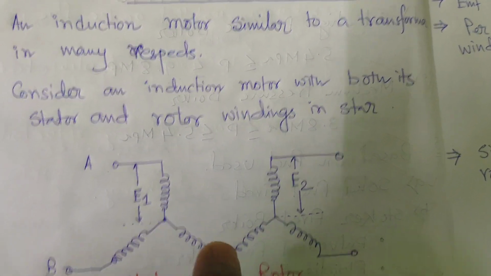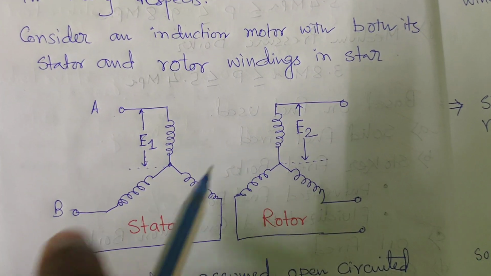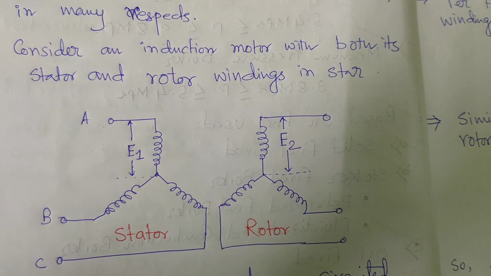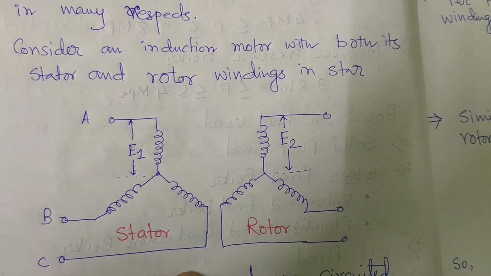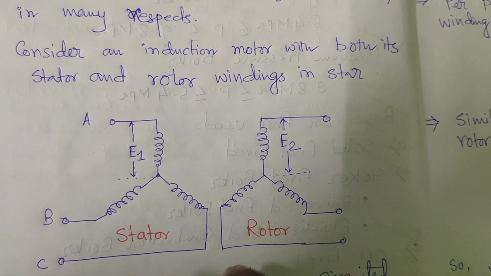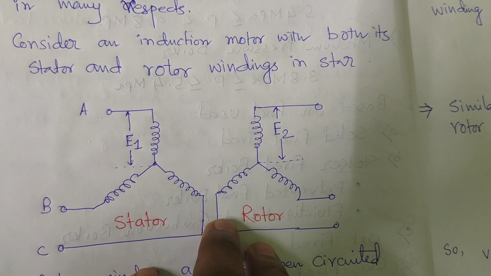Similarly, in the case of the induction motor, if the shaft load is increasing, the rotor MMF reacts on the stator winding, in order to extract more power from the AC source. So this is also a similarity between the transformer and the induction motor.